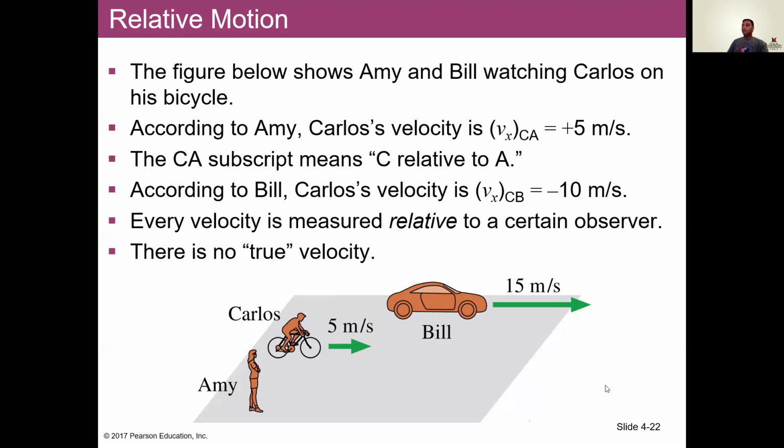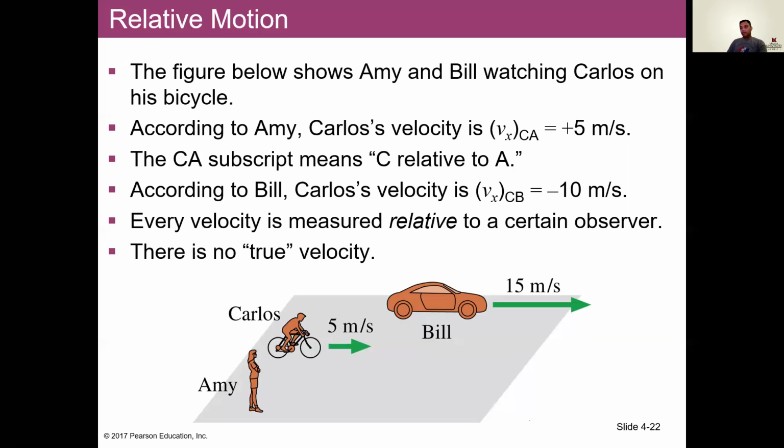All right, so every velocity is measured relative to a certain observer. We have always been using relative velocities, but we have been anchoring the origin right where Amy is standing, okay? So a static reference point, which is our origin, and that's why we have been calling these velocities absolute velocities, but there is no true velocity, so to speak.